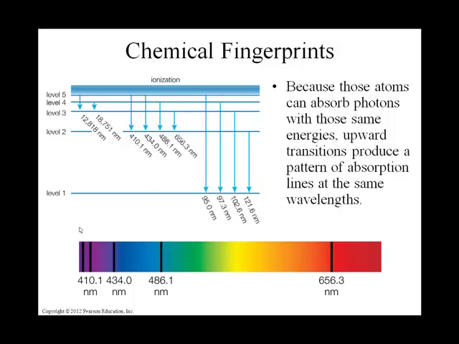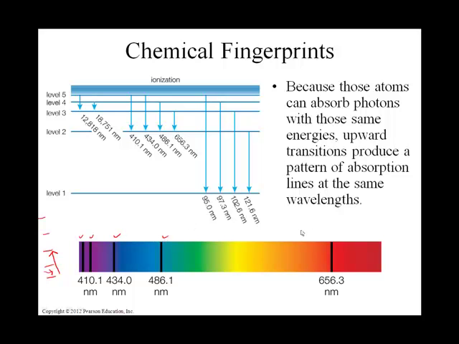Now notice that we've gone from bright line spectra to the dark line spectra. This is Kirchhoff's third law. Remember, this happens when dark lines are created as electrons are promoted to higher energy states. When they do that, they take in a little bit of energy, and that energy corresponds to these little dark lines.